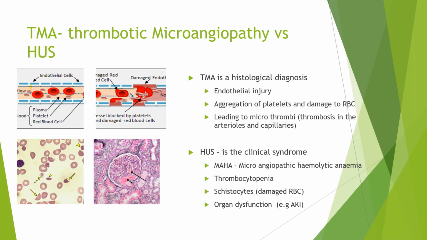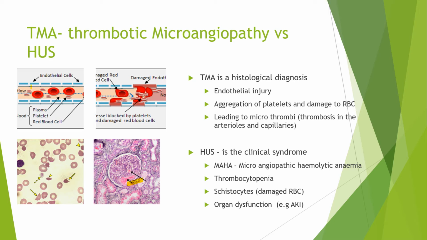As you are aware, the glomerulus is full of capillaries. The black arrows here are pointing towards the microthrombi within the glomerulus. Because of the endothelial injury, there are microthrombi, and if the glomeruli are full of microthrombi, then there is organ dysfunction or acute kidney injury.